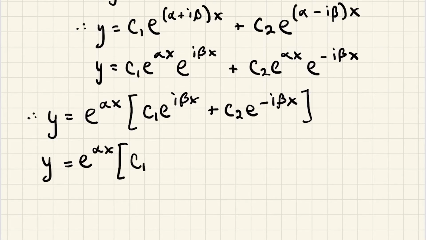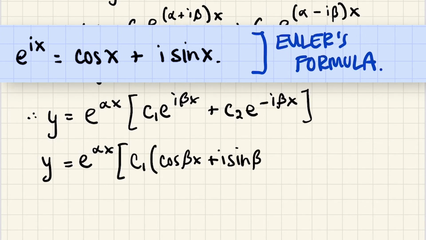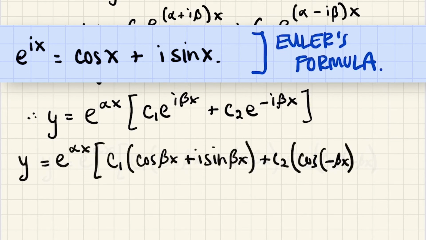All right, well, now we can apply Euler's formula to each of these pieces. So e to the i beta x is cosine of beta x plus i sine of beta x. And e to the negative i beta x is cosine of negative beta x plus i sine of negative beta x.